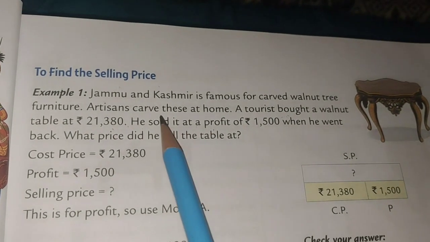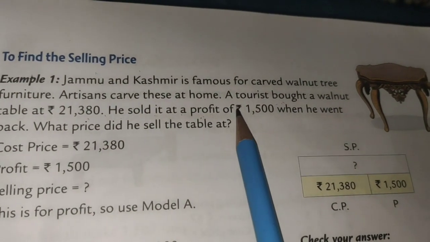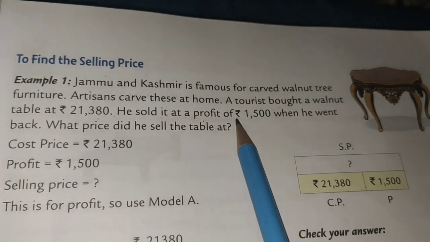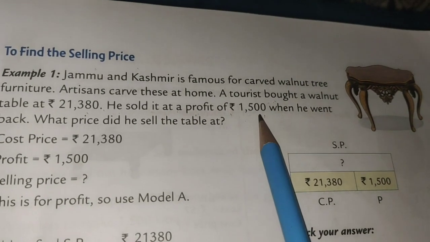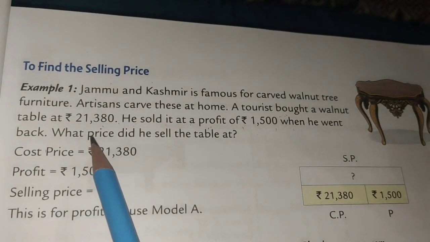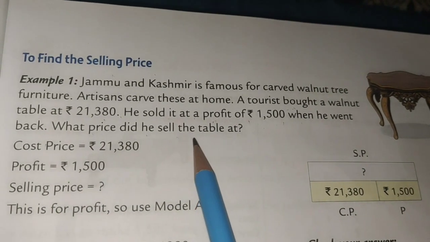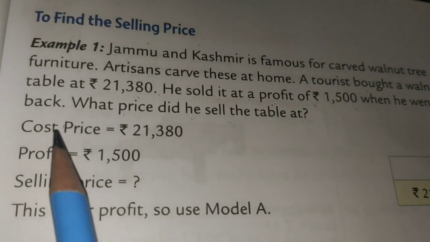Can you see here? There is no selling price given. It is directly given a profit. How much profit did he get? Rupees 1500. When he went back, what price did he sell the table at? So here we are going to find a selling price.